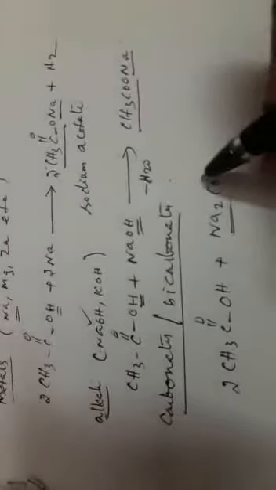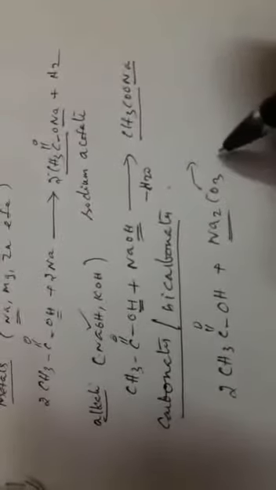Which one is released? Carbonate easily releases carbon dioxide, CO2. Remaining CH3C=OONa, with removal of hydrogen, giving sodium acetate, 2 times.